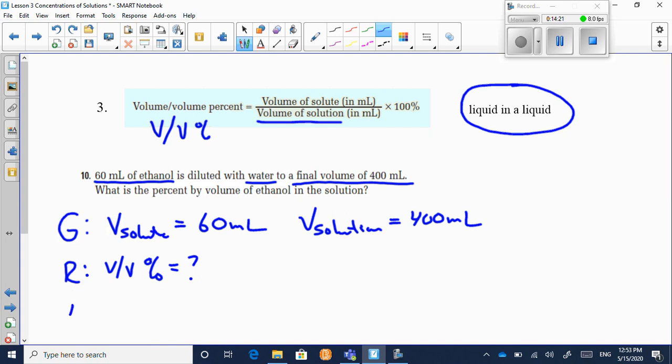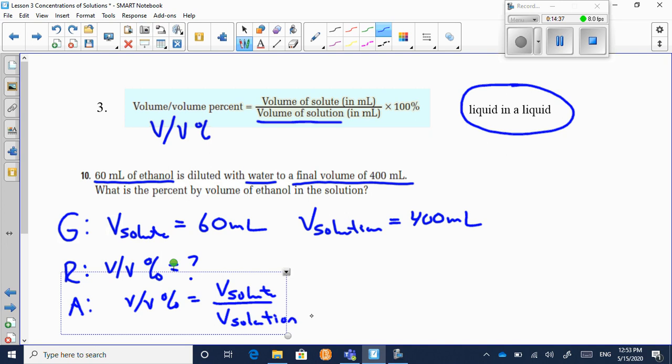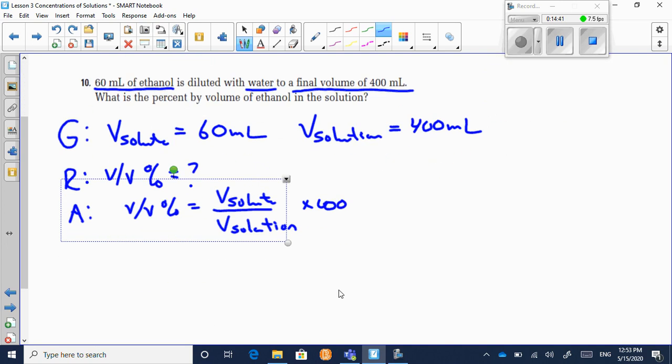All right, so here we go. Let's give this one a try. Our volume percent is the volume of the solute, or the one that's there, the one you're interested in, divided by the volume of solution times 100. Okay, so let's sub and solve.